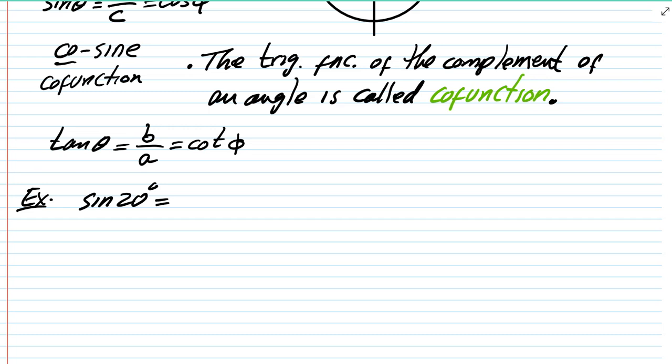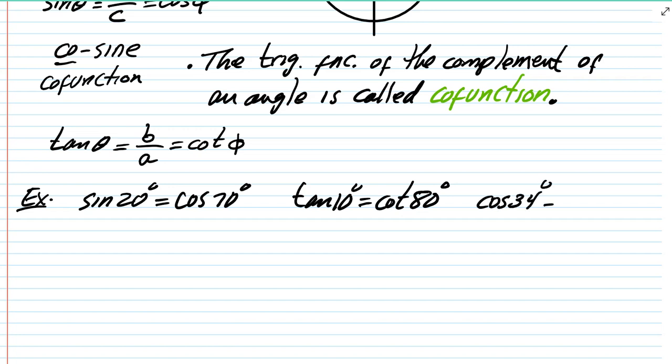For instance, if I want to rewrite sine of 20 as its cofunction, that would be the cofunction of sine of its complementary angle. As an example, tangent of 10 degrees will be the same as cotangent of 80 degrees. Cosine of 34 degrees would be sine of 56. So whatever those measures are will be exactly the same.